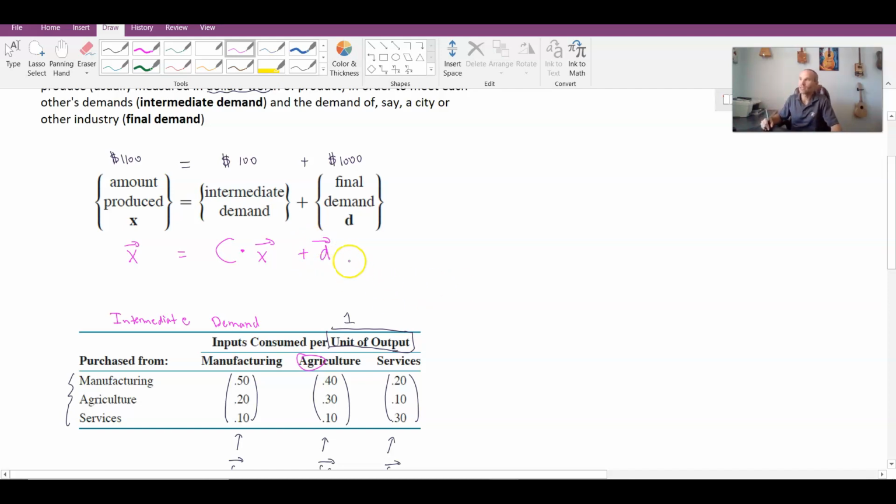So this is just going to consist of, could be for each of these three sectors, maybe the city needs 500 units of this, maybe 250 units of this, and maybe 75 units of services. And so that will allow me to figure out what does X have to be in this situation.